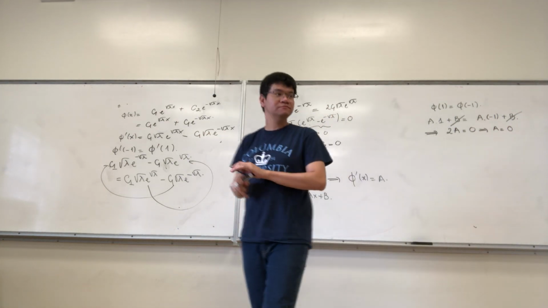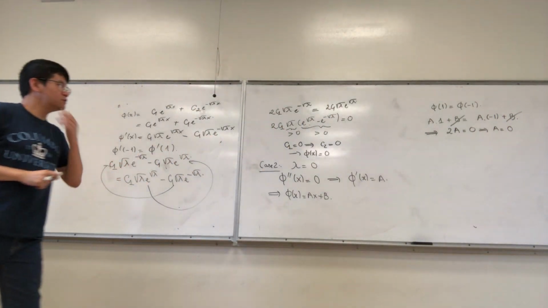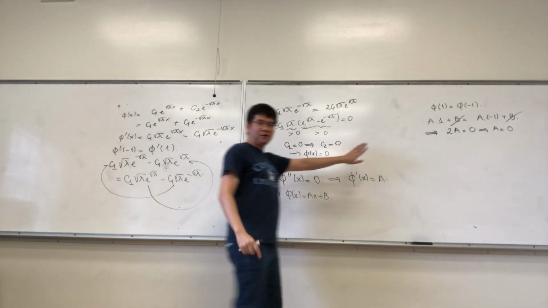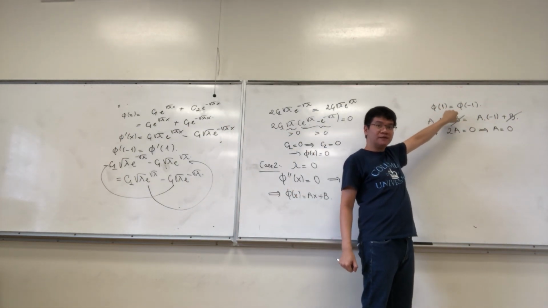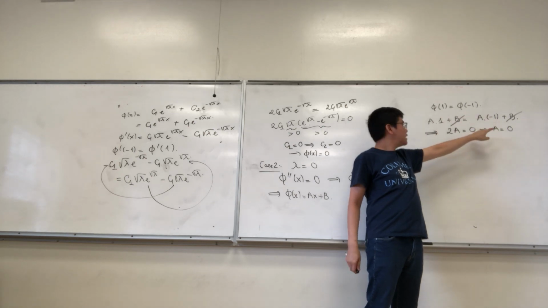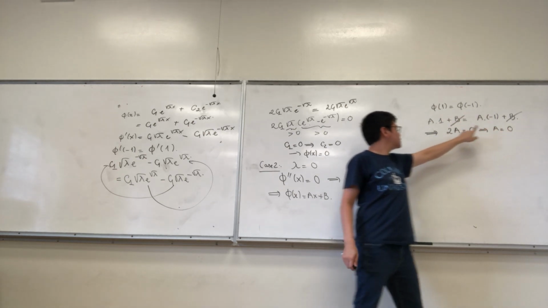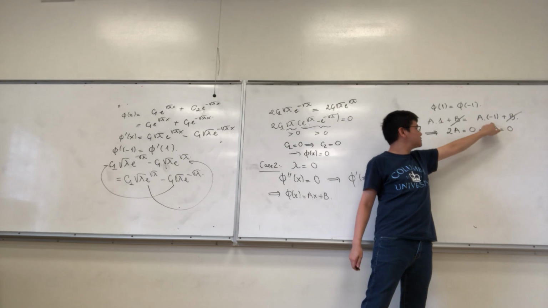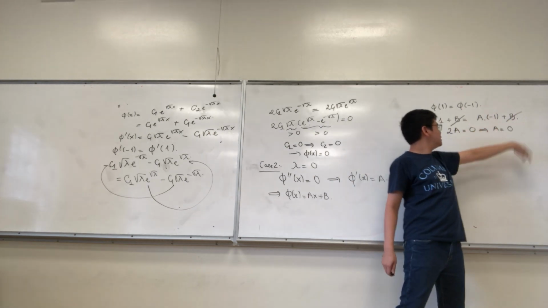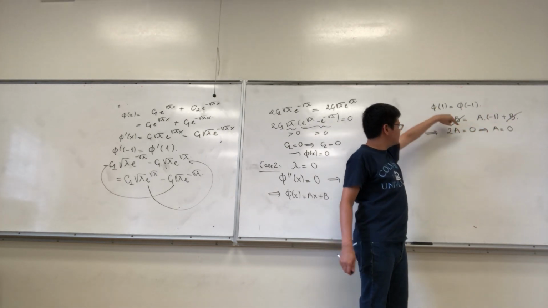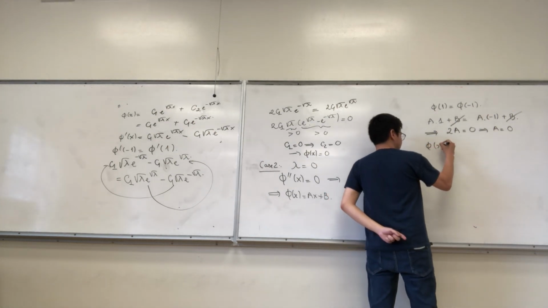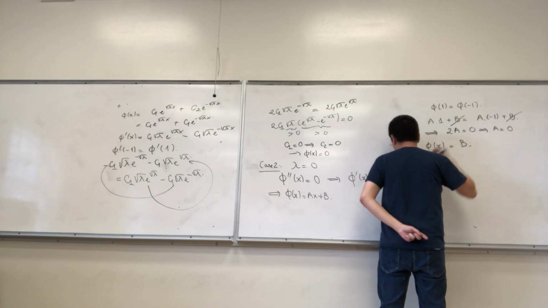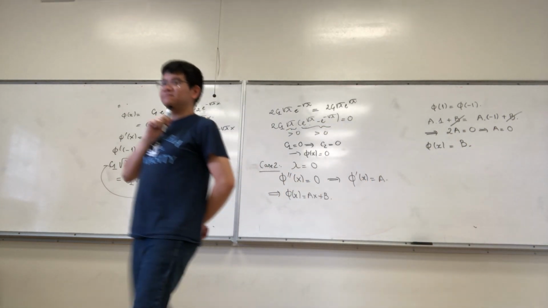The first boundary condition said that phi(1) is phi(-1), right? I replace 1 and minus 1 here, so a times 1 plus b is a times minus 1 plus b. I remove the b, so 2a is 0, a is 0, right? So the function is b.